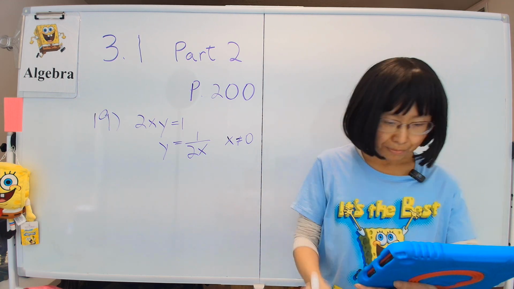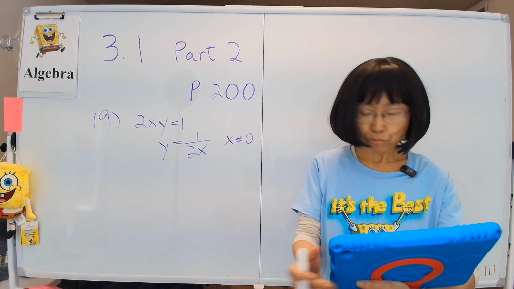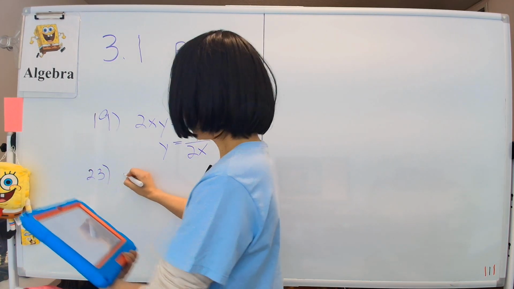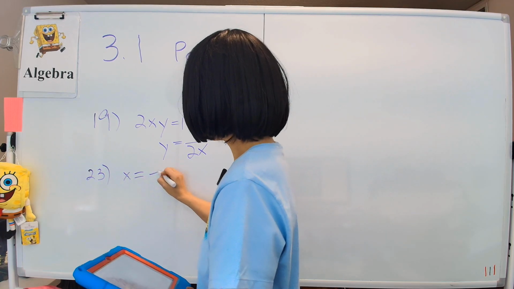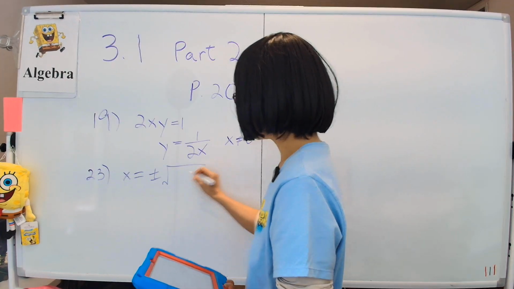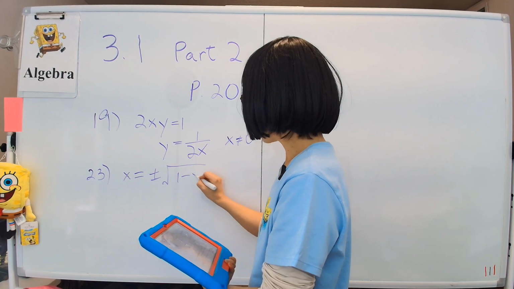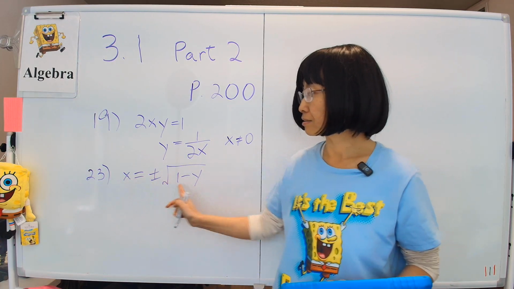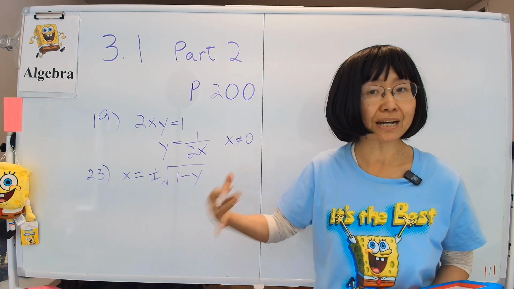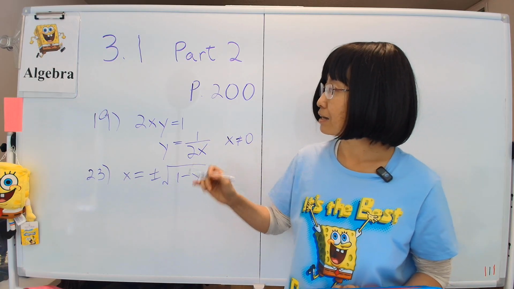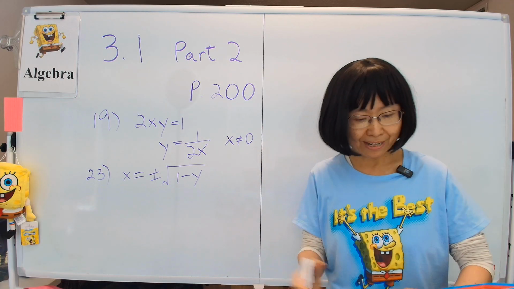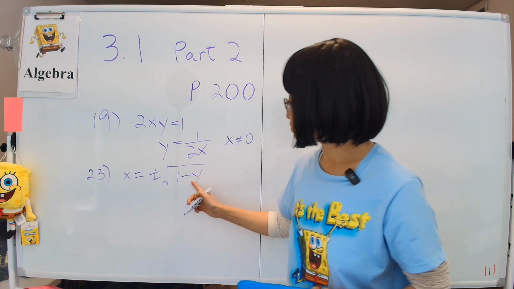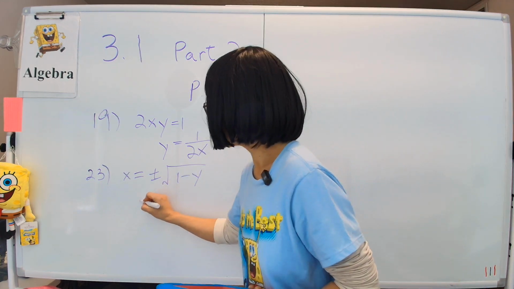Next, problem 23, where we have x equal to plus or minus the square root of 1 minus y. Remember this, in this case x is not a function of y because it has two values. However, we're not wondering if x is a function of y. We specifically want to know if y is a function of x. So we need to isolate y by squaring both sides.